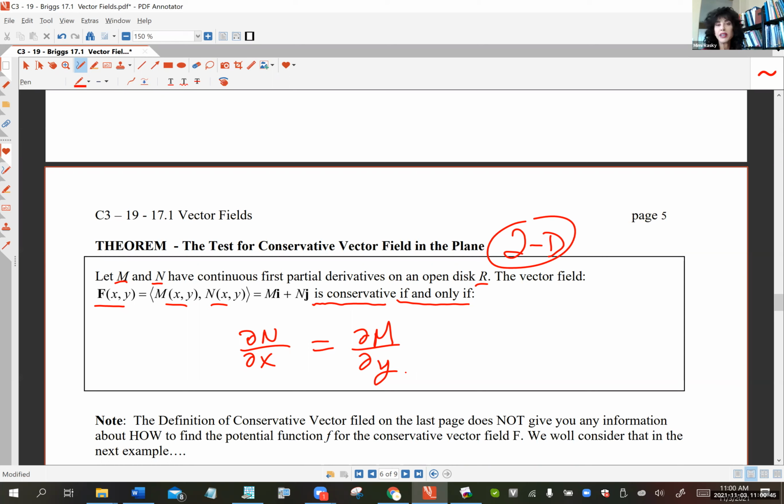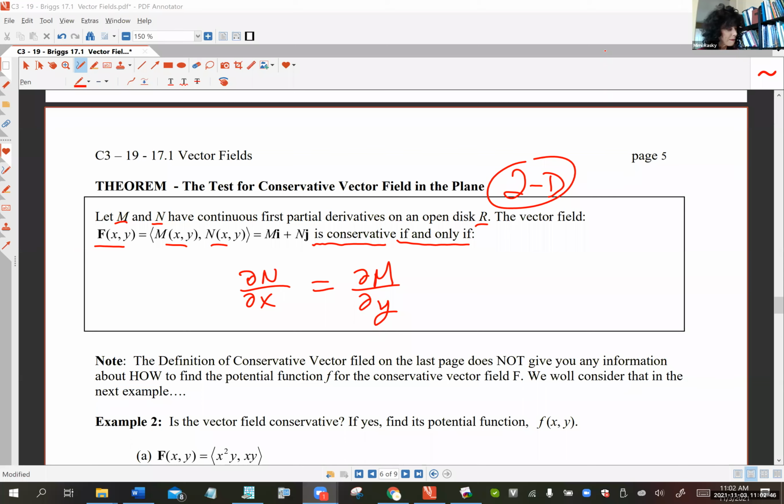If those are equal, boom, you have a conservative vector field. You don't even have to draw a picture. So this is your test for conservative vector fields.